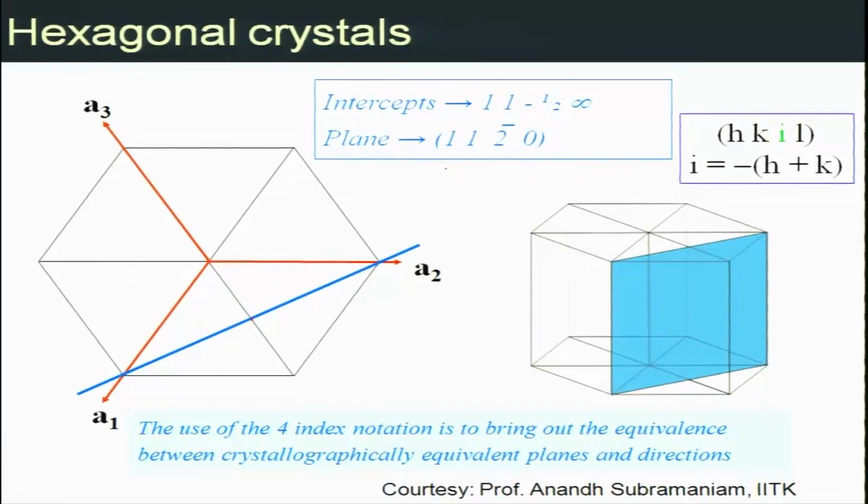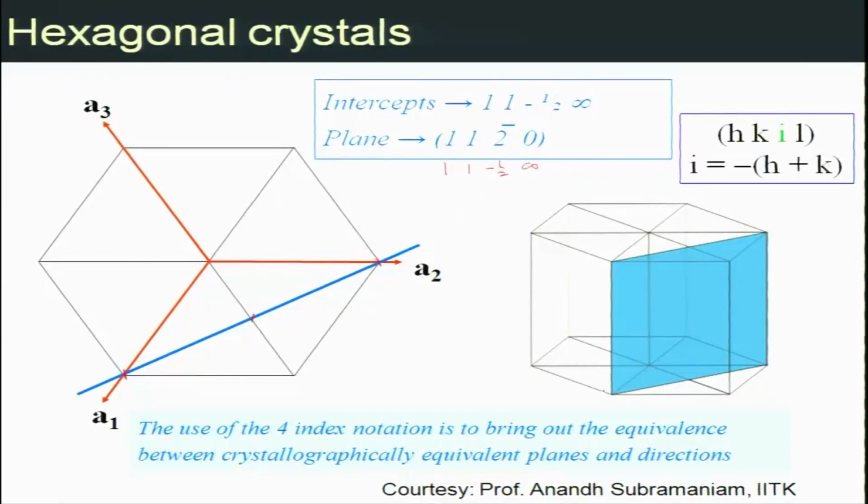The intercept will be 1, 1, as he has written, minus half and infinity. All right. So it has 1 intercept here, 1 intercept there, minus half intercept along A3, and nothing along, and it's parallel to C axis. So you can see that this is the plane. So in 3D, the plane is going to look like that.